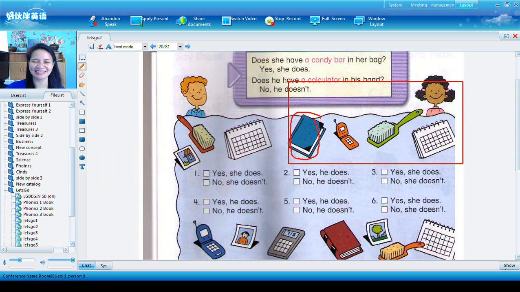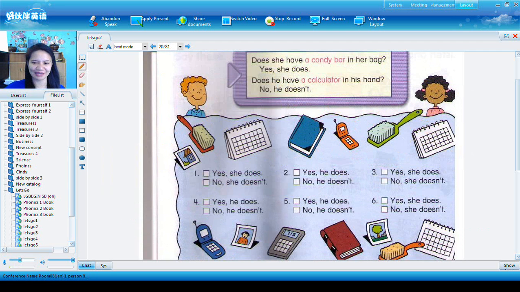Yes, she does. And does she have a cell phone? Yes, she does. Does she have a brush? Yes, she does. And does she have a calendar? Yes, she does. Okay, that's great.